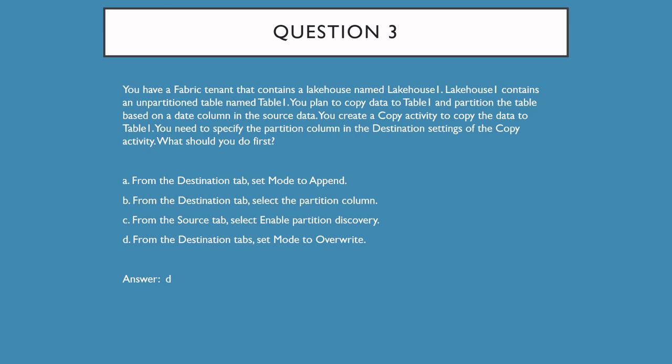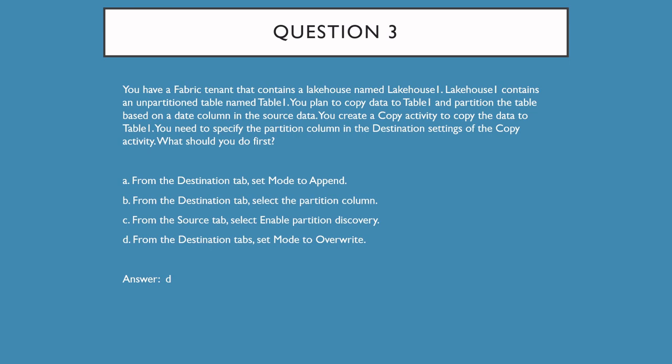Question 3. You have a Fabric tenant that contains a lakehouse named Lakehouse 1. Lakehouse 1 contains an unpartitioned table named Table 1. You plan to copy data to Table 1 and partition the table based on a date column in the source data. You create a copy data activity to copy the data to Table 1. You need to specify the partition column in the dataset settings of the copy activity.